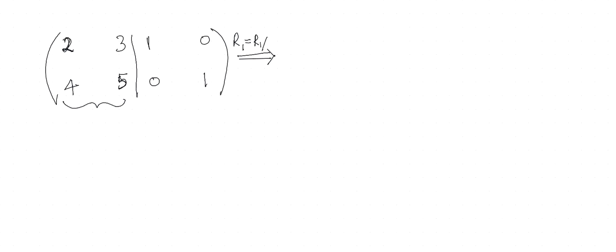That means we have to divide the whole row: 1, 3 by 2, then the vertical line, and the other side will be 1 over 2, 0. Is that okay? Yes, uncle. But the other row we will wait on; we are not doing anything with it yet.